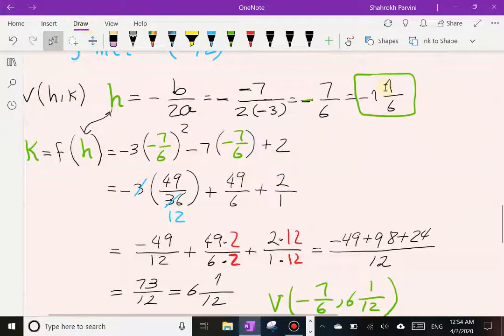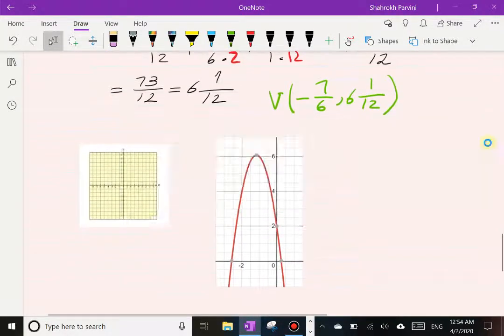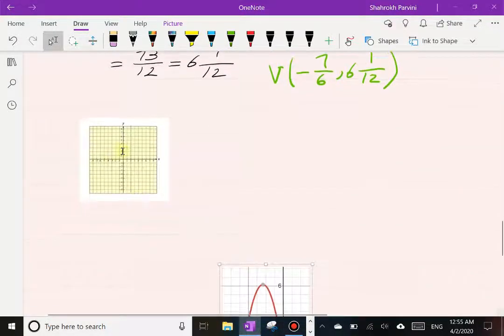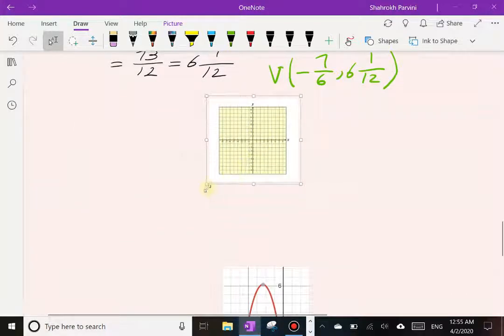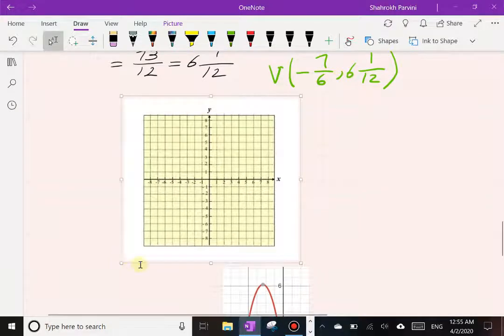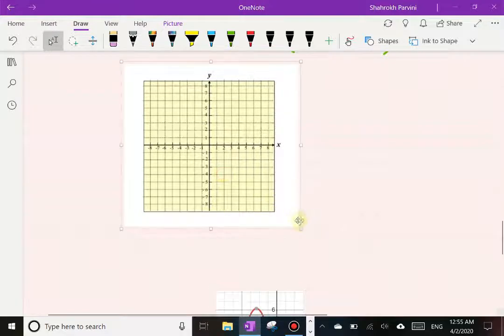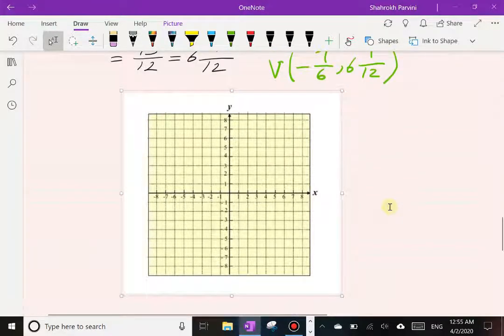Negative 7/6 is negative 1 and 1/6. True? So let's actually go ahead and try to graph this one now. Again, let me move the computer-generated graph out of the way and just bring this one up over and possibly enlarge it so we can actually graph it, and it looks halfway decent. And there you go. So we're getting ready for this.